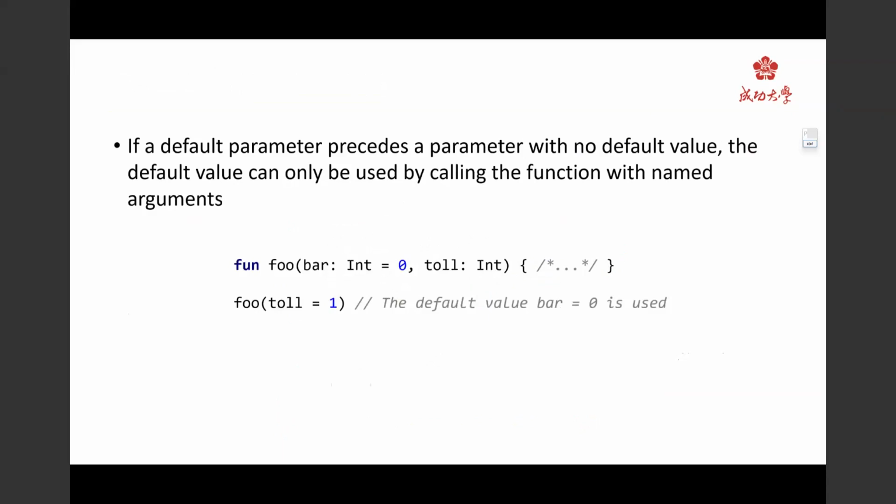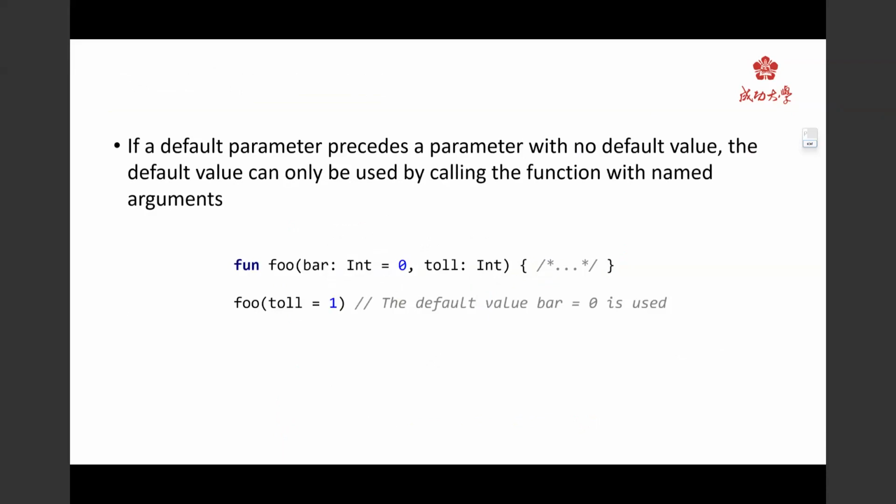However, it is important to memorize that if a default parameter precedes a parameter without default value, then the default value can only be used by calling the function with named arguments.